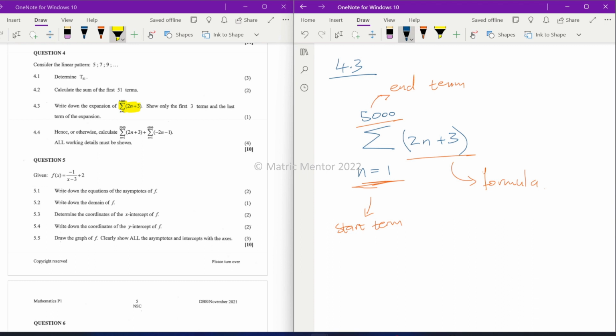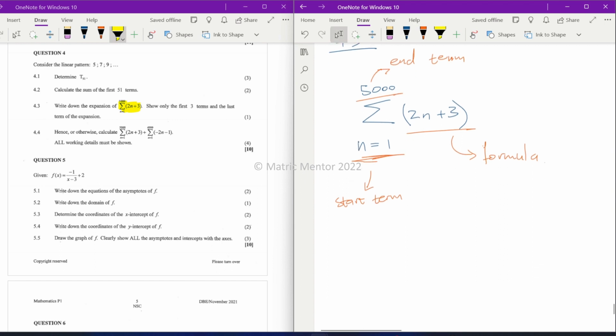So the question asks to show only the first 3 terms and the last term of the expansion. So if you want to show only the first 3 terms, we will substitute only 1, 2, and 3 into n, and then to get the last term, we will substitute 5,000 into n.